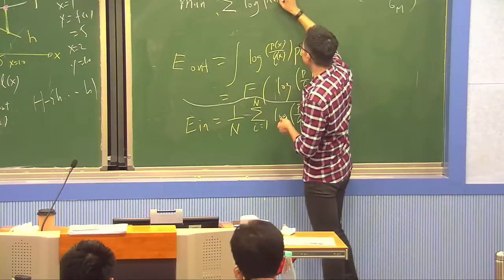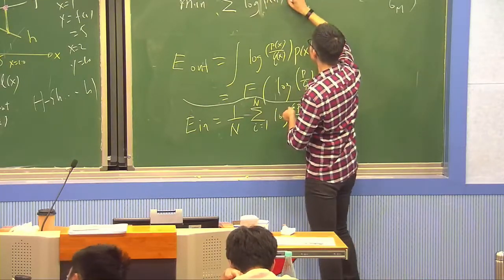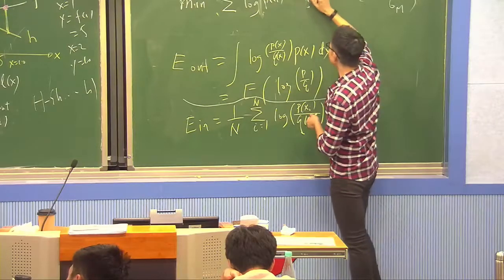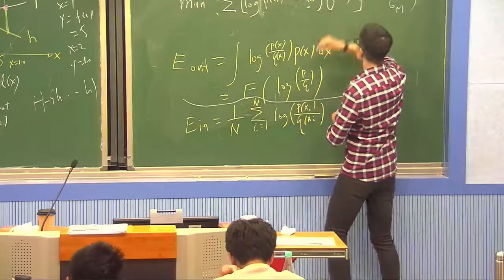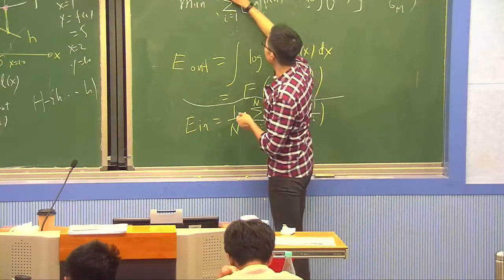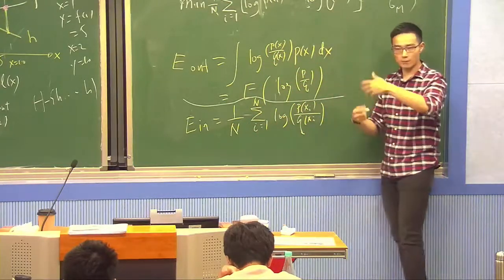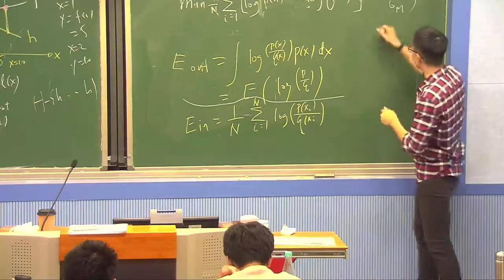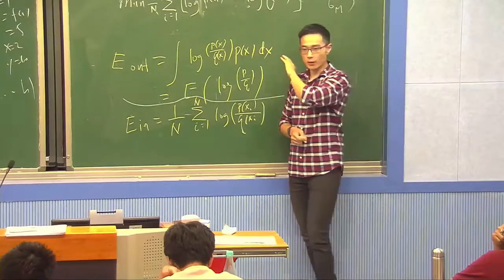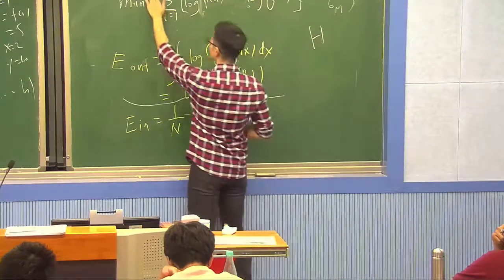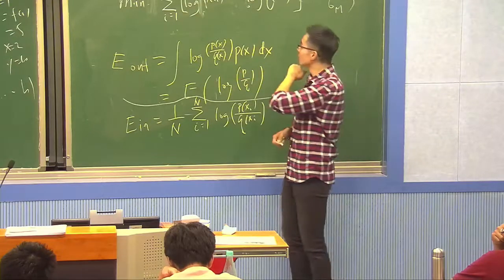I can write it as log p(xi) minus log q(xi), summed over i from 1 to n, times 1 over n. I want to pick a Q from my hypothesis set H so that this is minimized. First of all, I can get rid of the 1 over n, since whatever minimizes the sum.